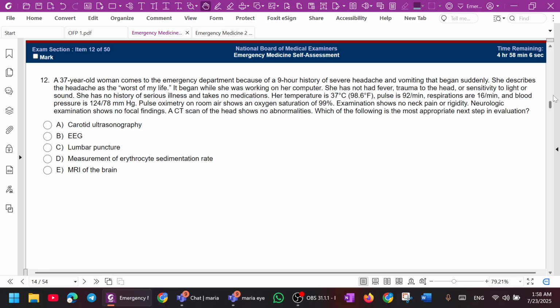If the CT scan is inconclusive, then we can do a lumbar puncture to see the RBCs. But worst headache of my life is usually subarachnoid hemorrhage. But then it says no neck pain, no rigidity, that goes for meningitis. Okay, so it's subarachnoid, but no meningitis. Yes. Okay.